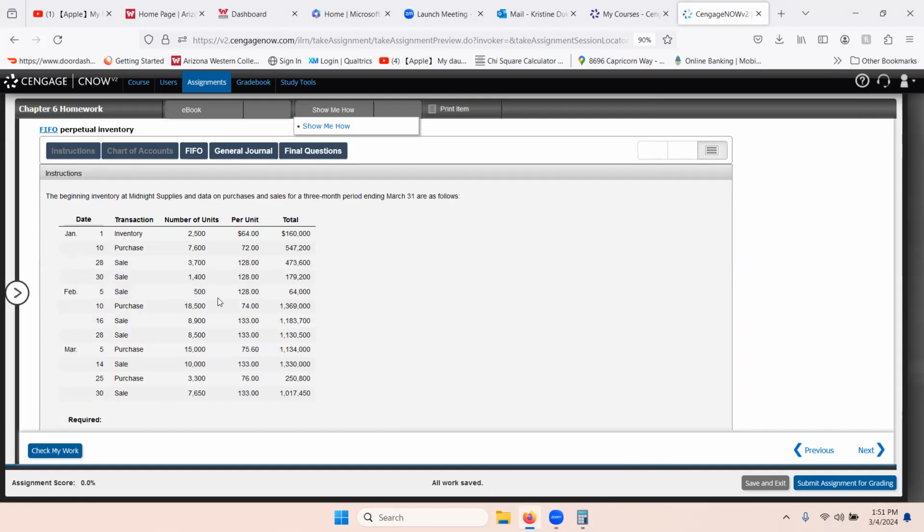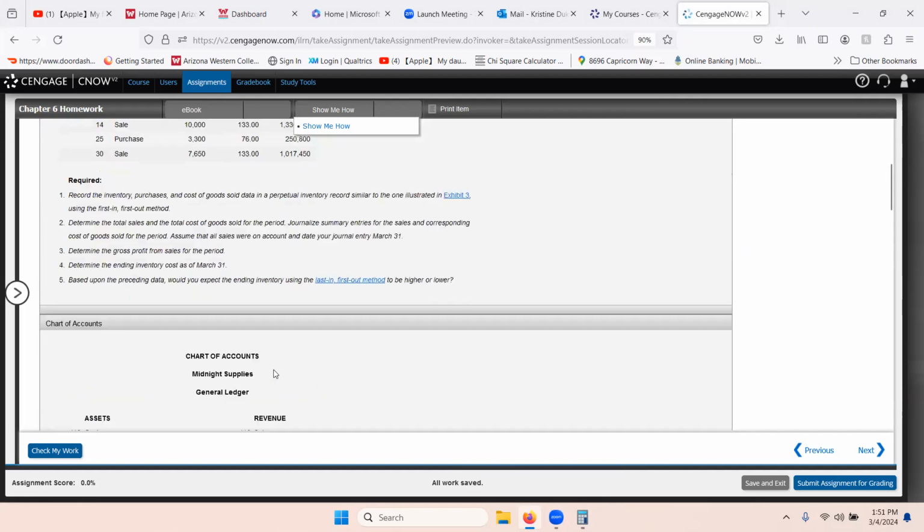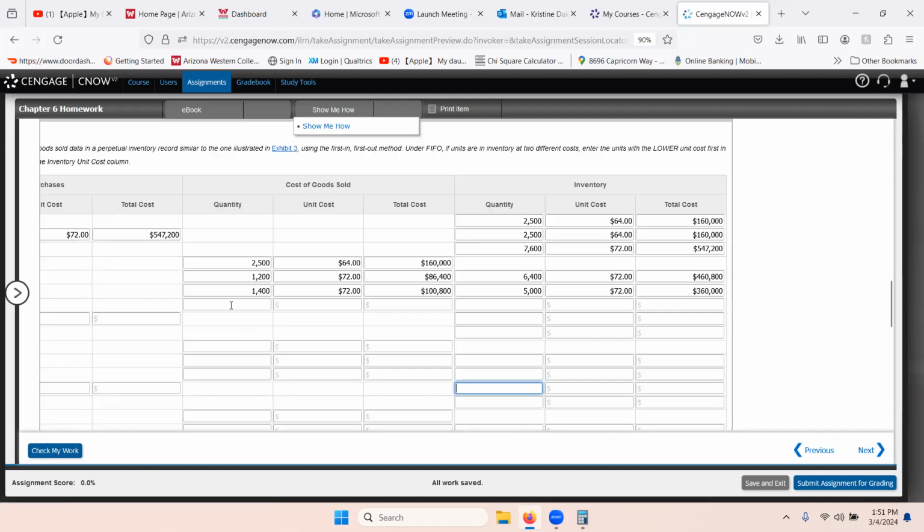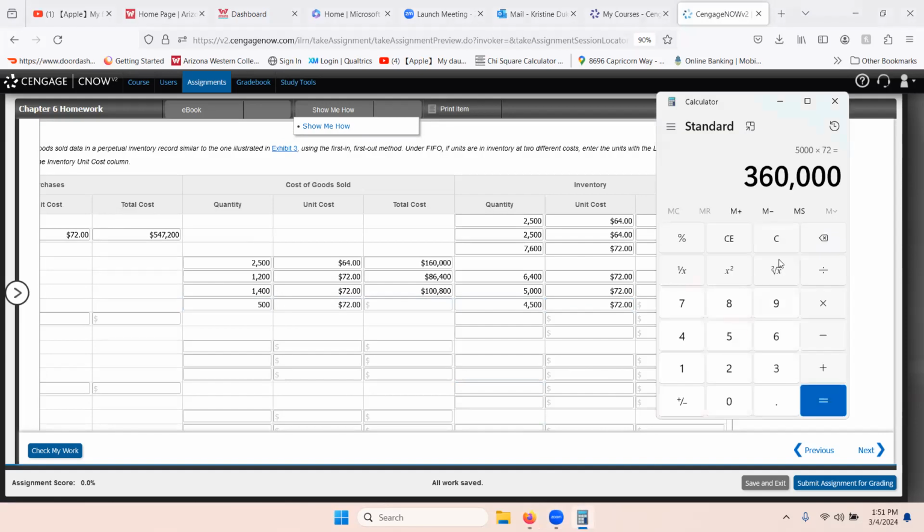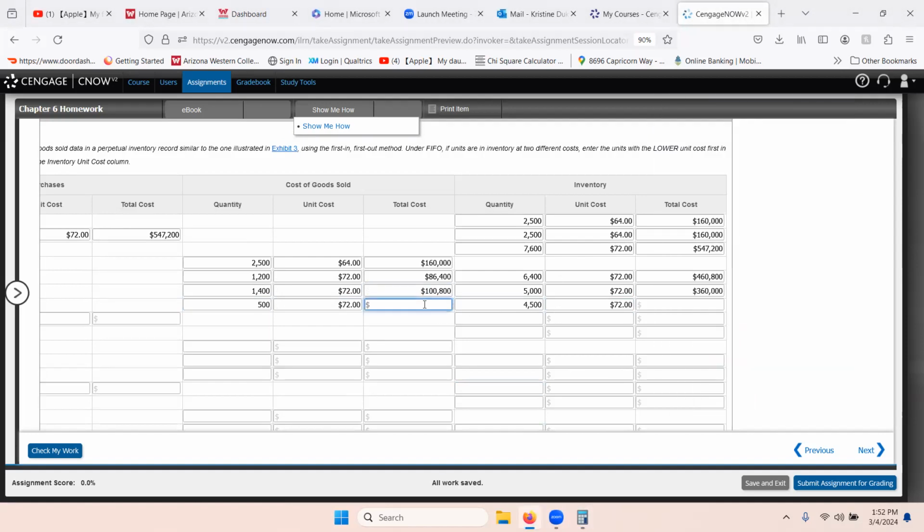February 5th, we sold 500 units. Again, the only batch I have left is the orange batch. And so that's going to be 4,500 at 72. And let's go ahead and do some addition. $36,000.